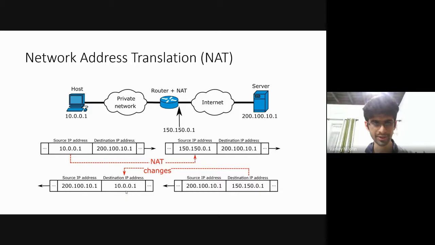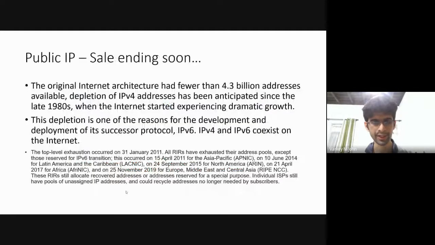This is basically used for conservation of public IP addresses, which are the IPv4 addresses. You may know that IPv4 addresses are very scarce, and we are moving to IPv6 addresses. That's why network address translation is very useful to preserve IPv4 addresses.